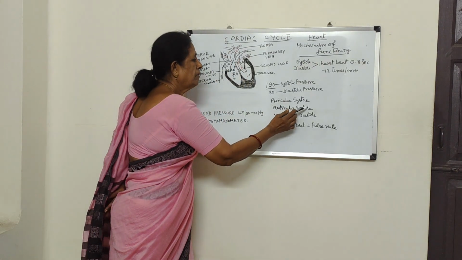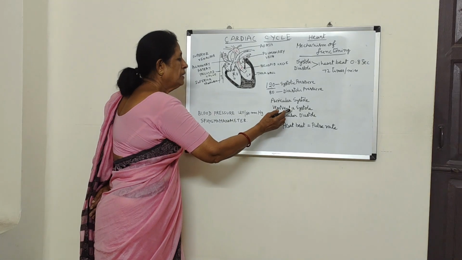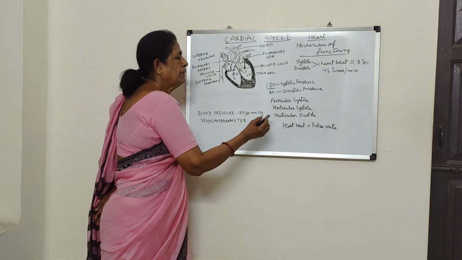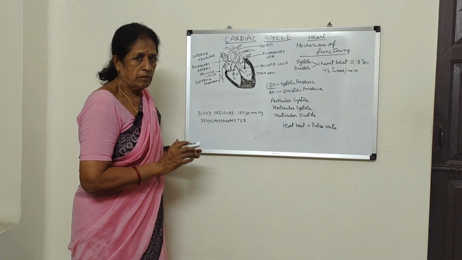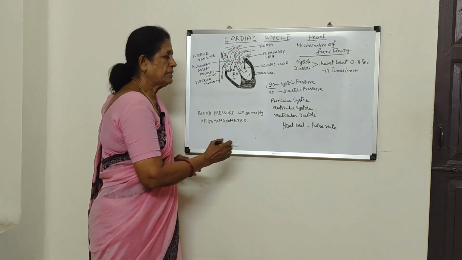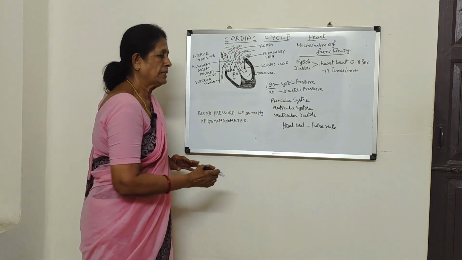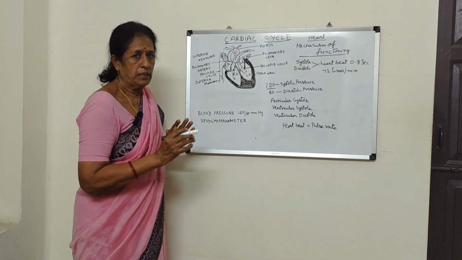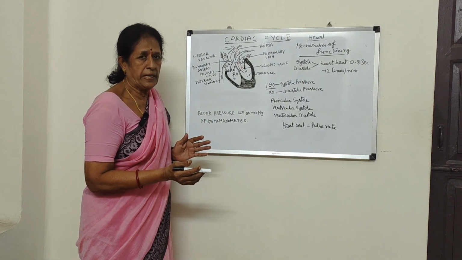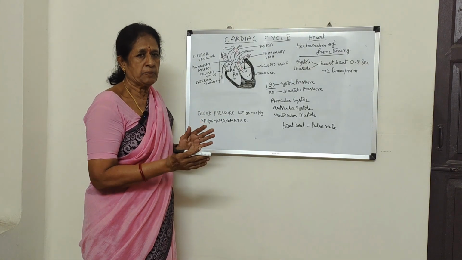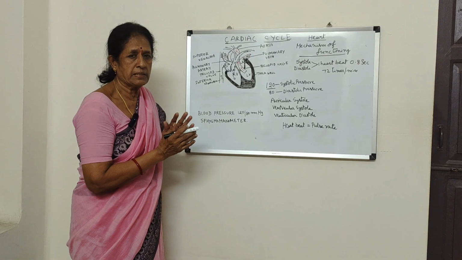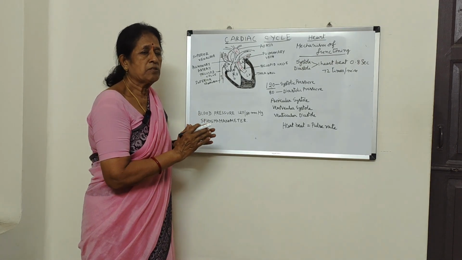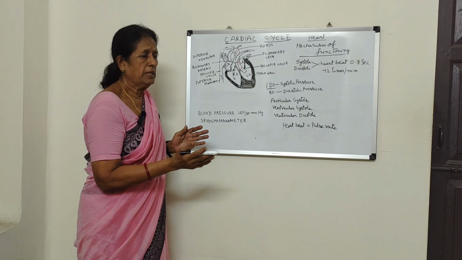That is called ventricular systole. When the ventricles are in the contraction stage, the auricles begin to relax. Next is ventricular diastole. The ventricles relax, that means they expand. Systole means the contraction stage, diastole means relaxation, that is, expansion.